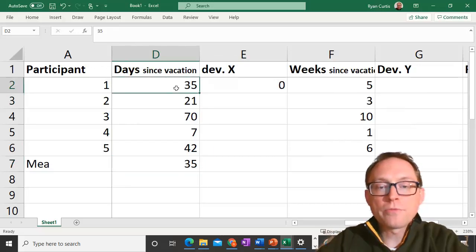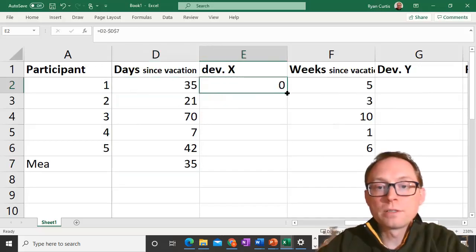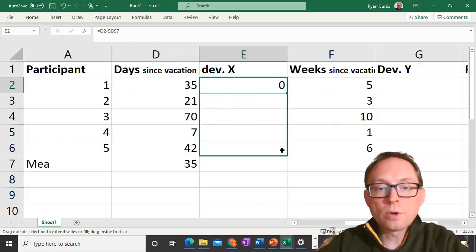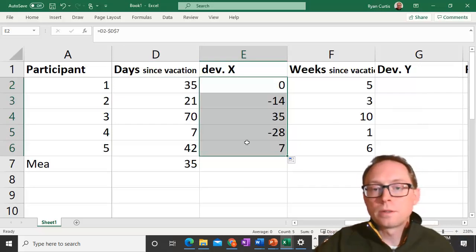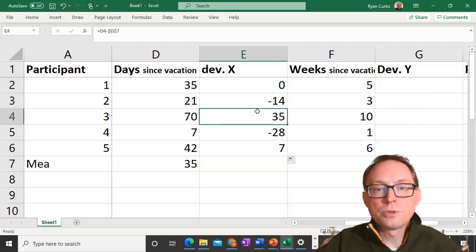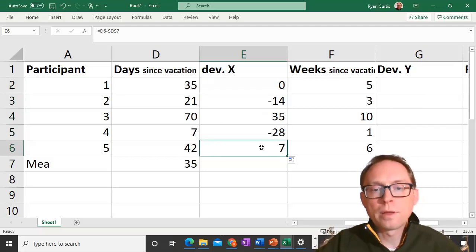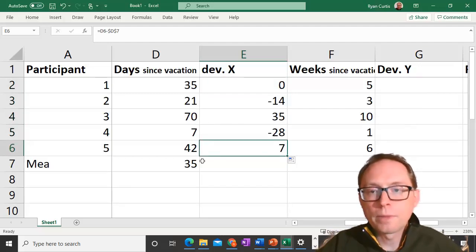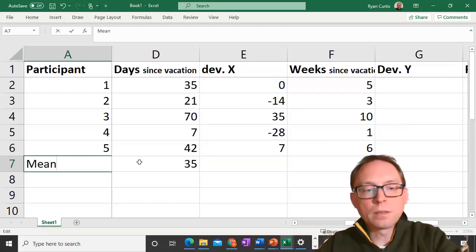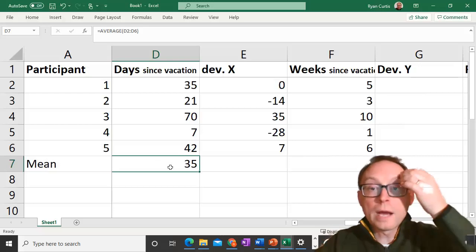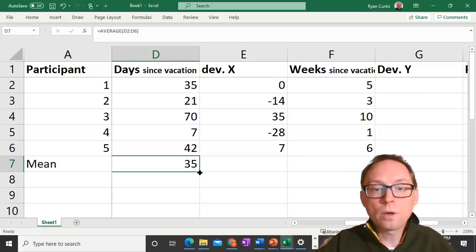Participant 1 had 35 days since their last vacation. 35 minus 35 is 0. Now we do that for each one of them, and here's what we get. This is the deviation for participants 2, 3, 4, and 5. All right, great. Now we need to do the same thing for weeks.